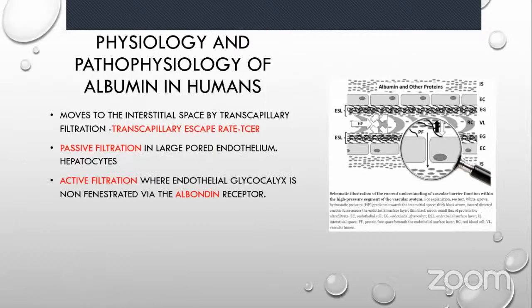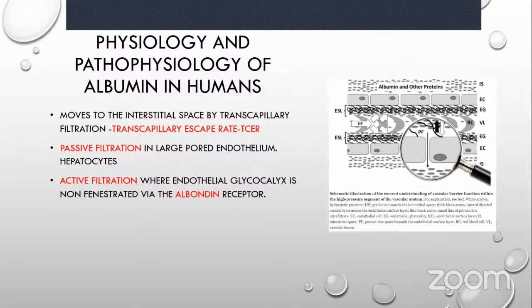Physiology, pathophysiology of albumin in humans. Albumin moves to the interstitial space by transcapillary filtration at something called the transcapillary escape rate. This is very important. It can be either passive filtration. Now we have seen that in large pore sites, for example, in the bone marrow and the liver sinusoids, they have very large pores, so it can easily seep through passively.